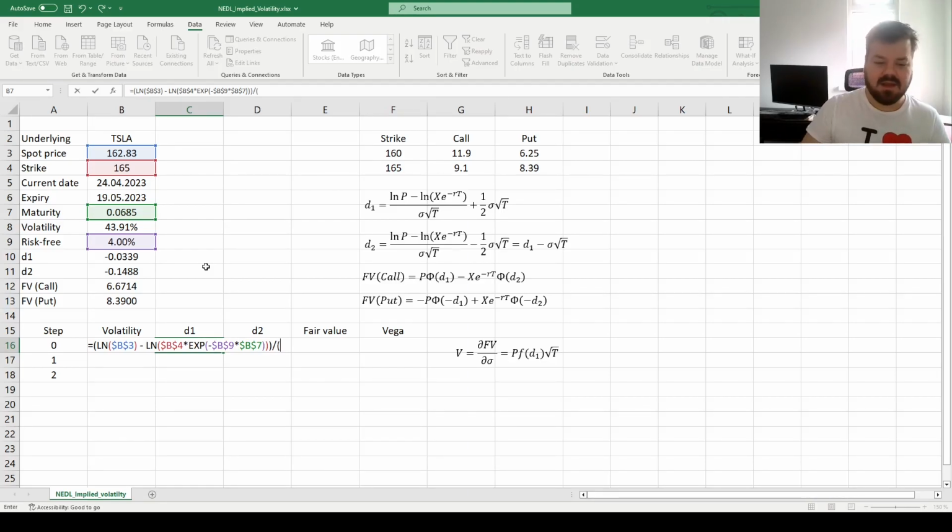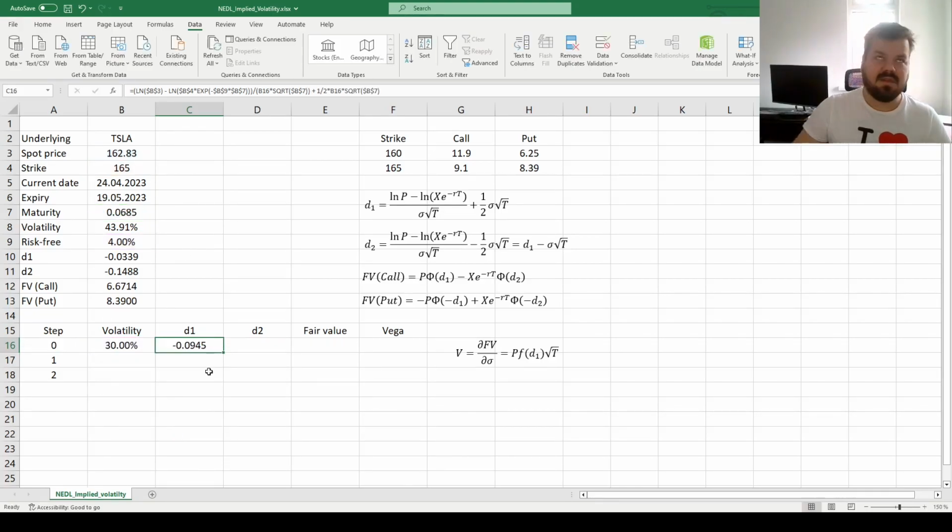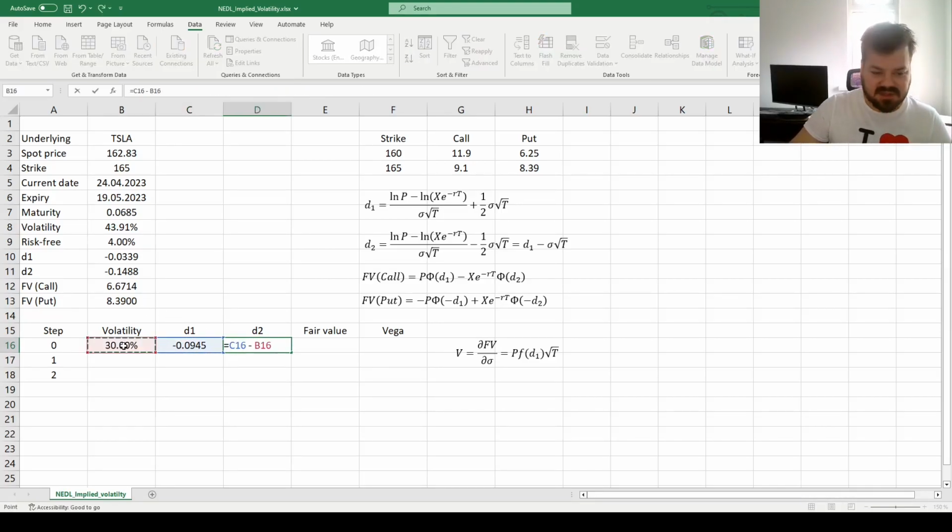In the denominator, we input our assumed level of volatility times the square root of maturity locked. And for D1, we add half of the assumed level of volatility, which is over here. We do not lock it as we want it to converge with iterations, and multiply by the square root of maturity locked. That gives us D1. For D2, we just subtract our assumed level of volatility times the square root of maturity locked.